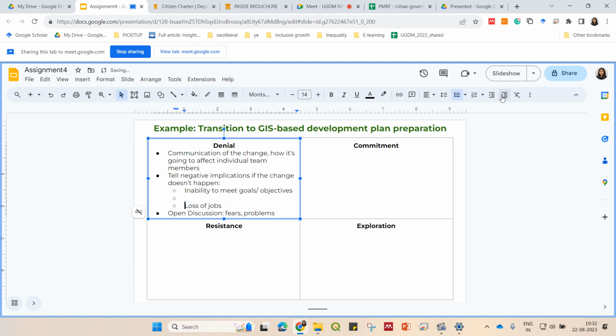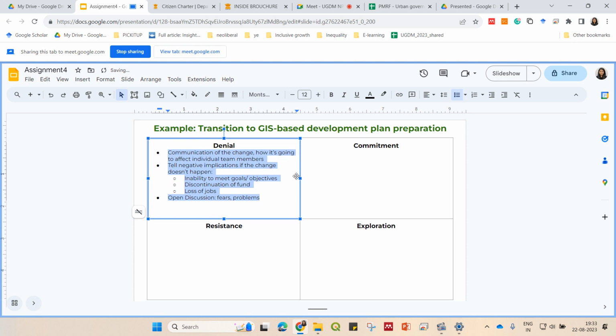Okay. Another thing is that there might be a discontinuation of funds that your team might be getting. A lot of the times these days we see that urban development programs or projects, or even organizations and teams, a lot of the work that goes on is project based work. So you get funds allotted with a particular project, and if you are unable to meet the goals or objectives of the particular project, the funds for the project are discontinued.